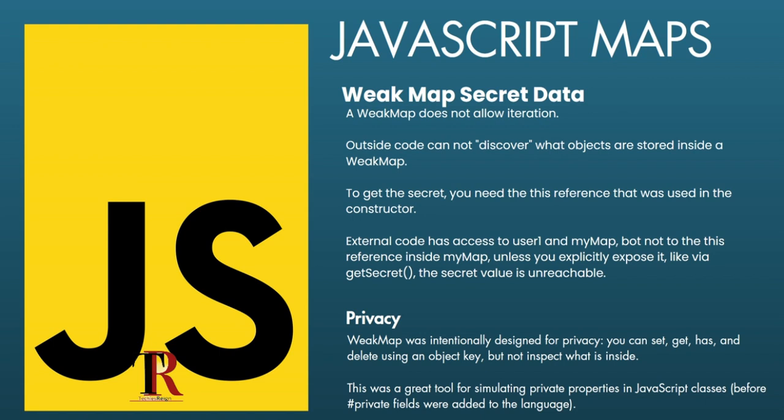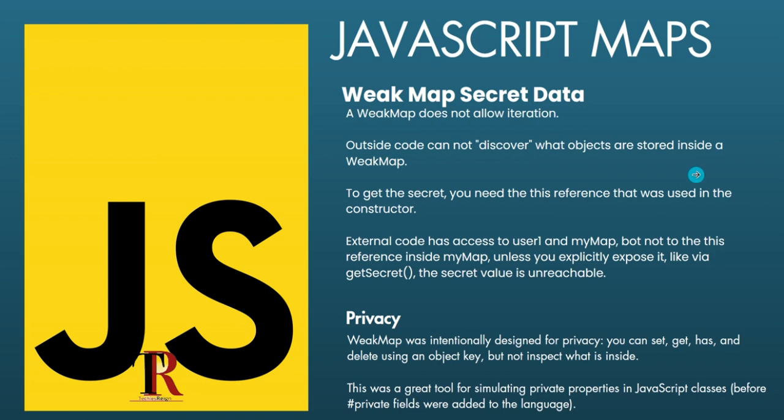This is what makes WeakMap an important aspect of map objects in JavaScript.